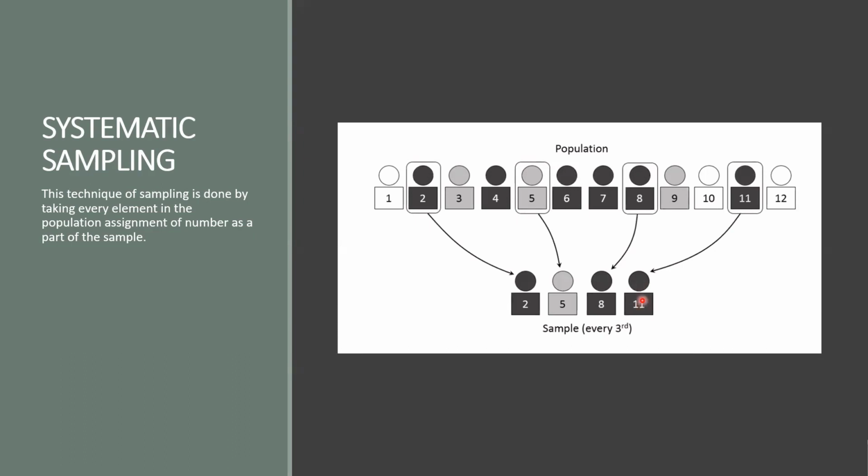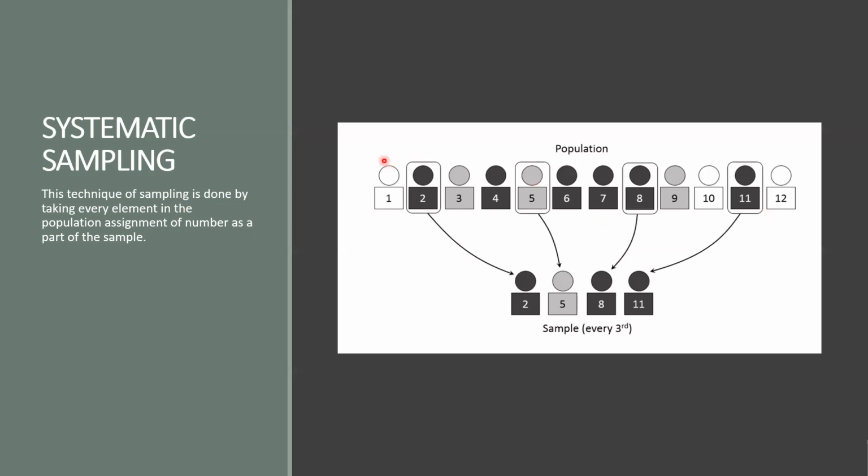But, ma'am, why is it that individual number 2, 5, 8, and 11 are being selected for the study? For this one, it would still be random. You could select a starting point from the number of individuals that you have. So let's say, again, from our example here, we have 12 individuals.